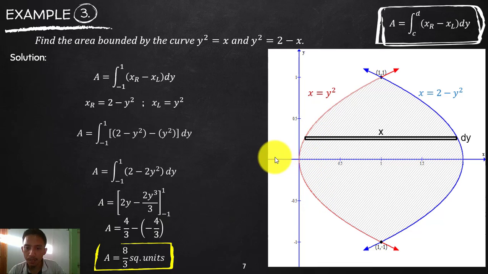So maybe I need to consider using this x as my partition. So I will first get the area on top. Since that is identical here, I will multiply by 2. However, you need to consider also that the vertical strip here is okay, but once it surpasses this point here at x equals 1, the y upper will change to the blue equation. So you need to break this down into 2 integrations.